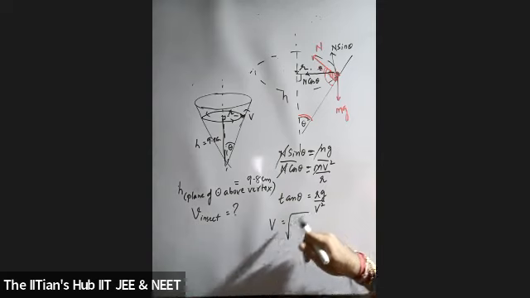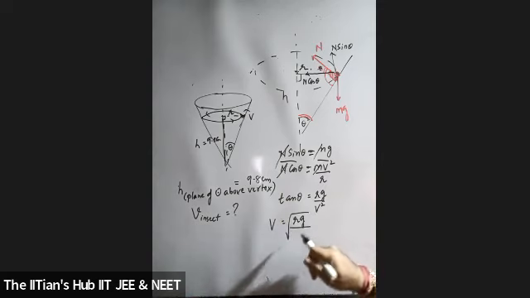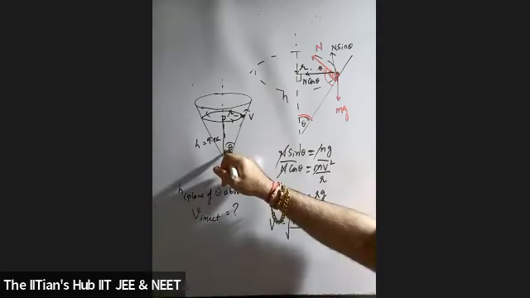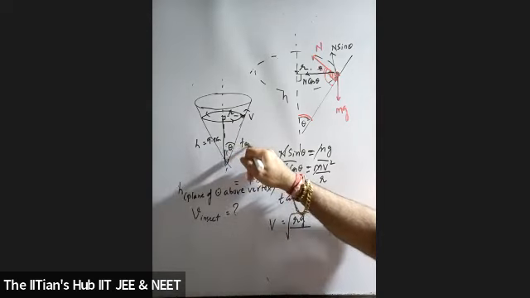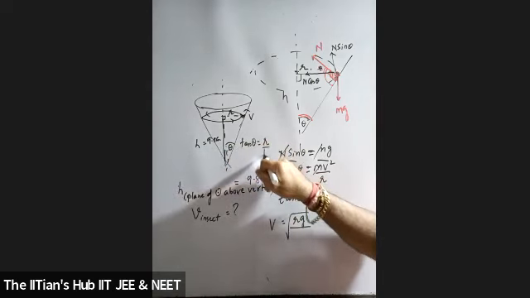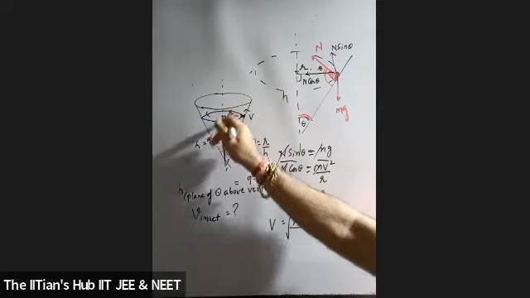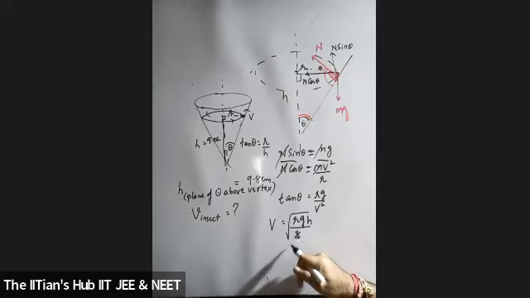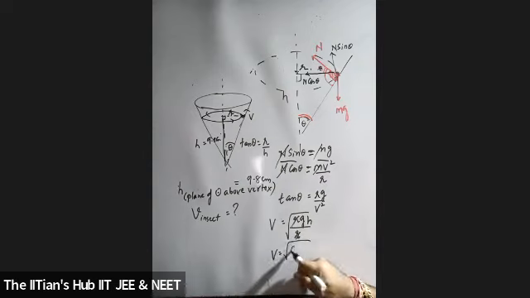Under root rg upon tan theta. What is tan theta? R by h, opposite upon adjacent. So can I say r by h, I can write down over here. R will get cancel. Can I say v is equal to under root g into h? आ गया तुम्हारा आंसर?